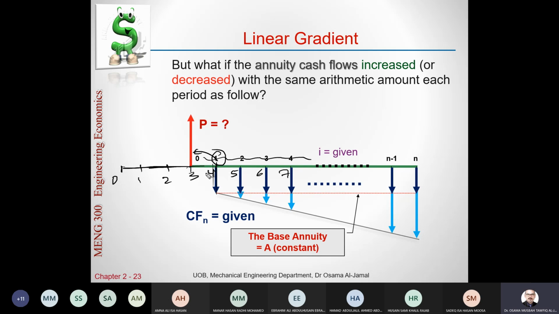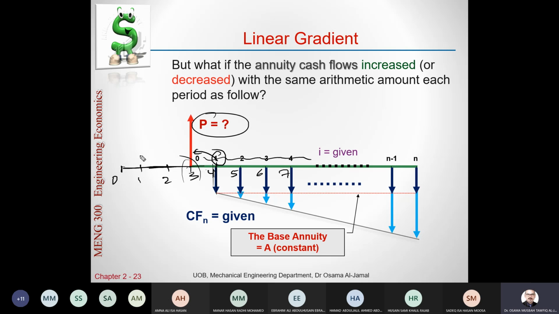Which means what? 1 to the left. The first cash flow here for that series or for that annuity is at year 4. To find it, 1 to the left, that P. So we are going to find P at year 3. Always one to the left of the first cash flow.